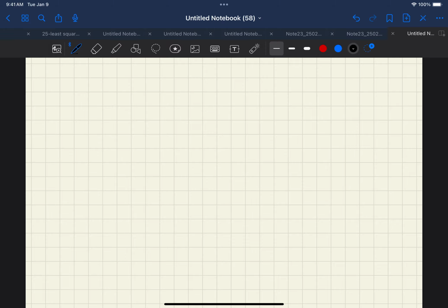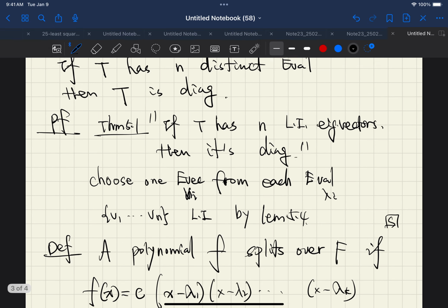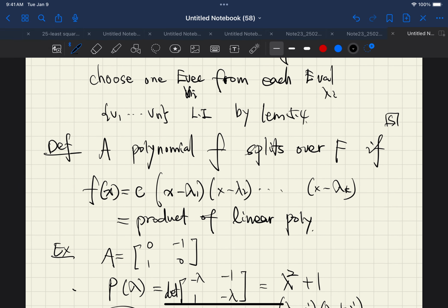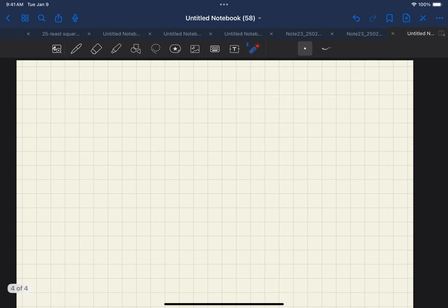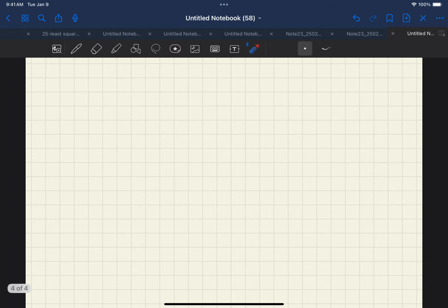Now, the question is, why do we need this new concept, splits over F? How does it relate to our diagonalizability?